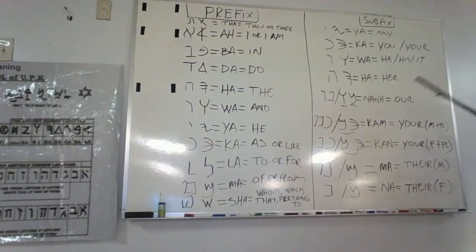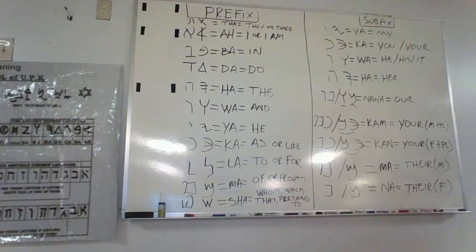Noah as a suffix is our. Com as a suffix is your, masculine plural. It is the masculine plural version of your. Same thing with con, not to be confused with the actual word con.